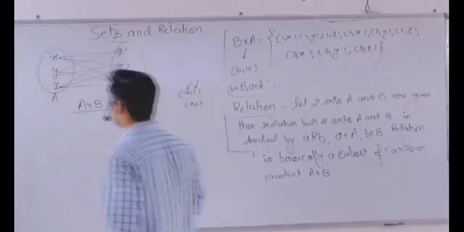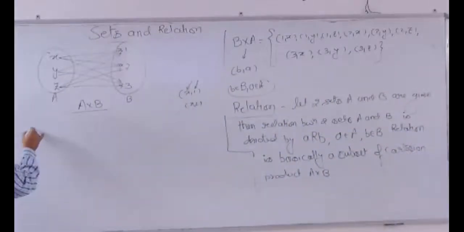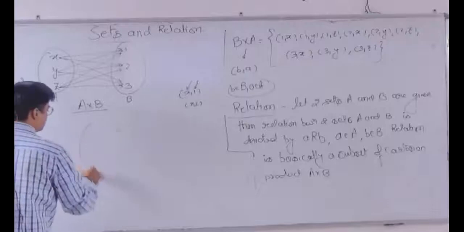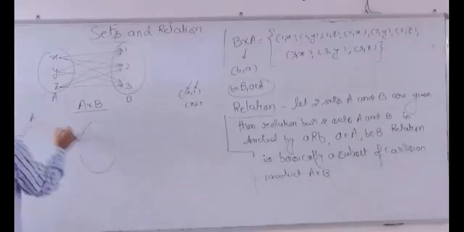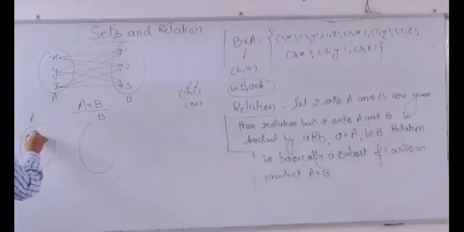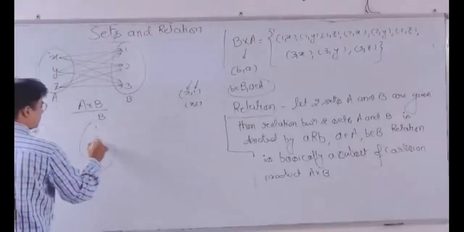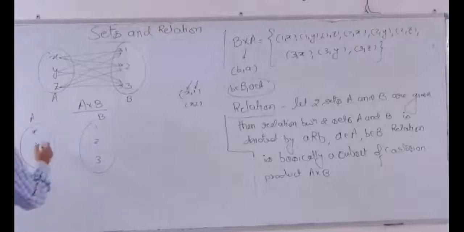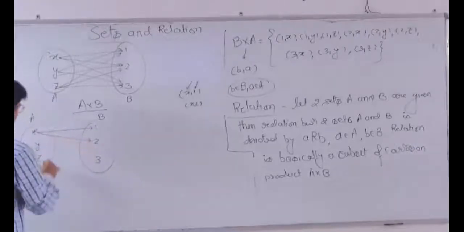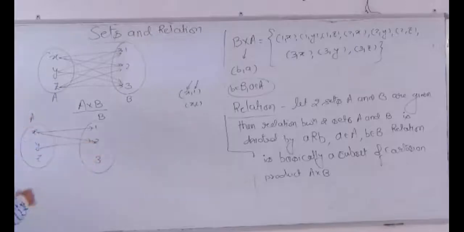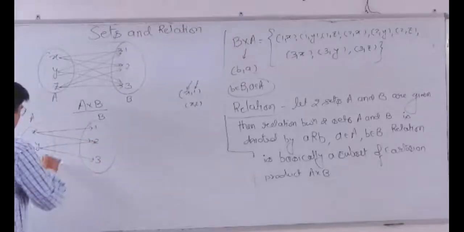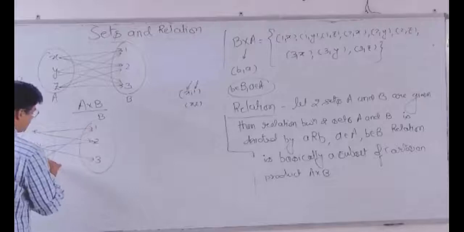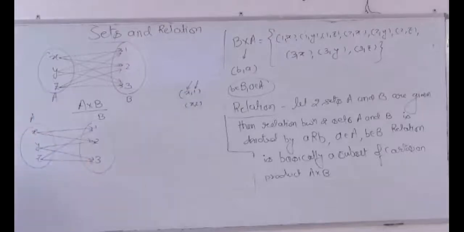Let me give you a simple example. Let's say I am defining one relation from set A to set B. Again X, Y, Z, and here 1, 2, 3. Let's say I'm connecting X with 1 and X with 2 also. Y with 2 and Y with 3 also. Z with 1 and Z with 3 also.